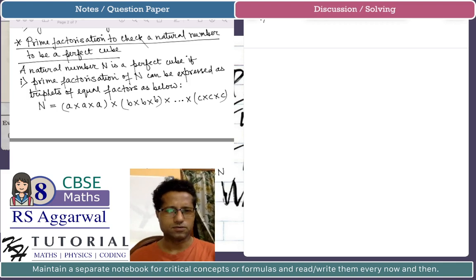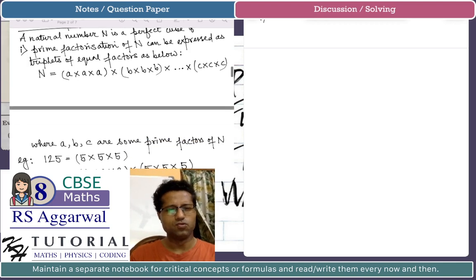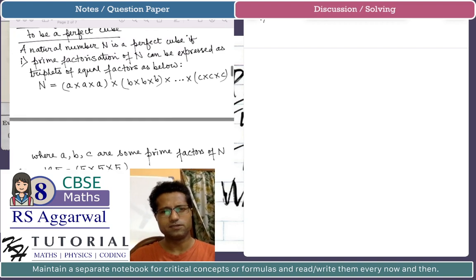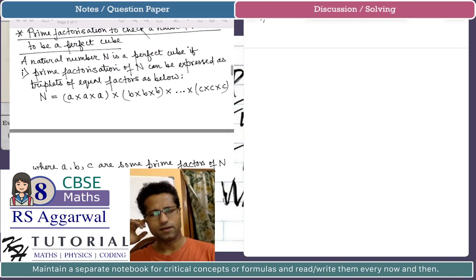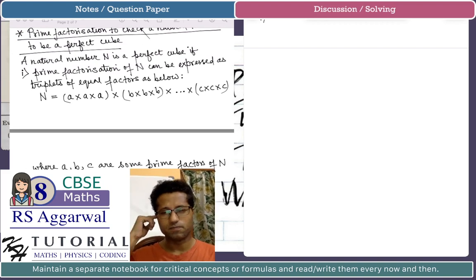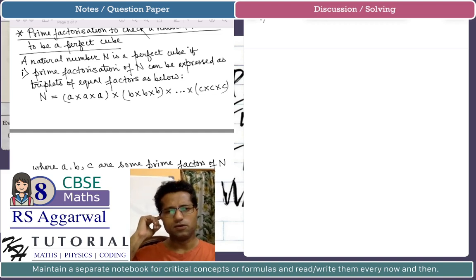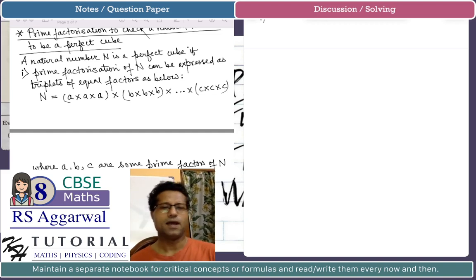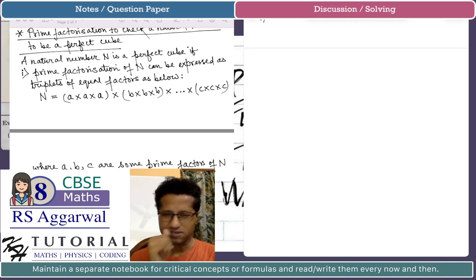There are two ways you can verify whether a given natural number is a perfect cube or not. Both methods eventually use the prime factorization method, but the way we verify it is a little bit different, a minor difference.